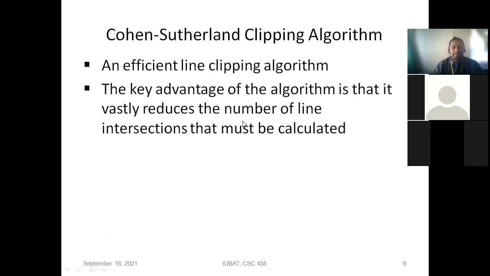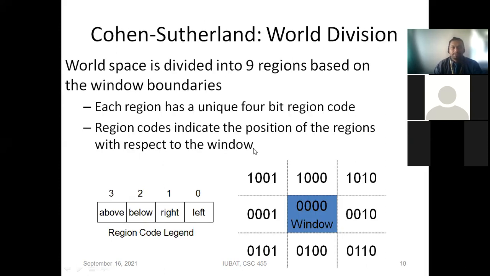So that's why we're going to discuss one of the line clipping algorithms, which we call the Cohen-Sutherland line clipping algorithm. Through some calculation, we can find out which line should be inside, which line should be outside, and which part can be inside the window.